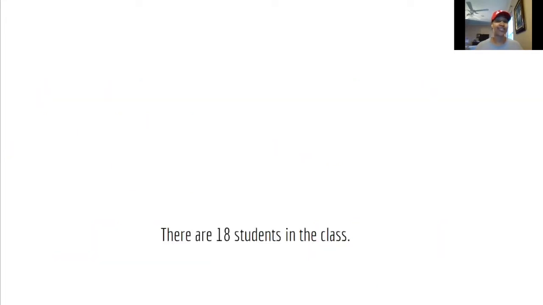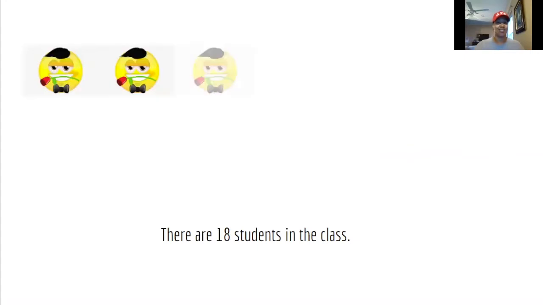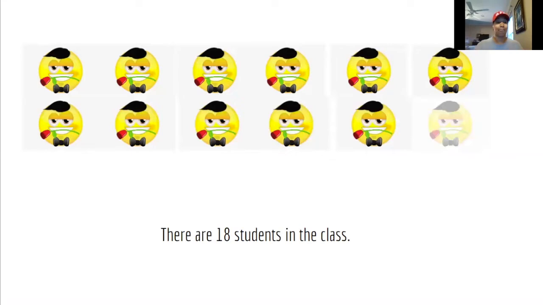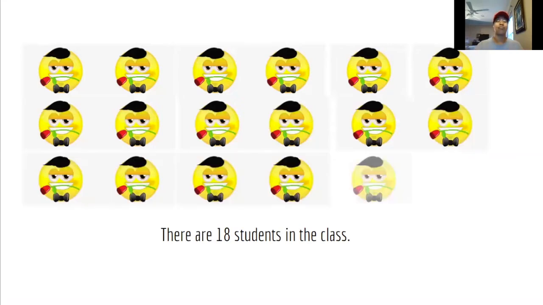We know that there are 18 students in the class. So again, we're going to draw an array that shows 18 students. Here are our students, our cool emoji. Okay, so the other information that we were also provided stated that 5/6 of our class are boys.